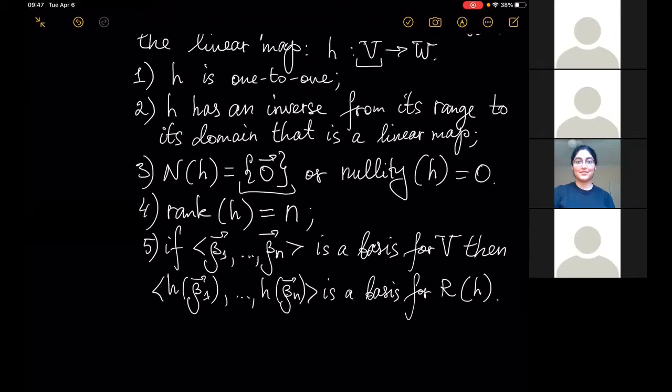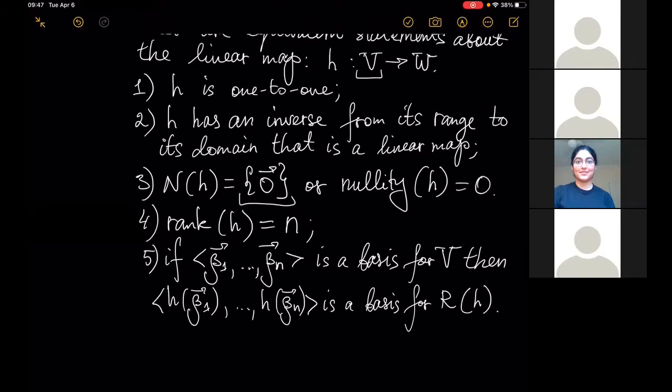Idea of the proof. You remember that when we prove that some set of statements is equivalent, we go in a loop. Here in particular, we will show that these two are equivalent.